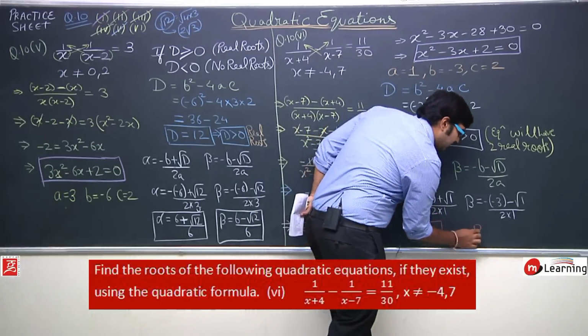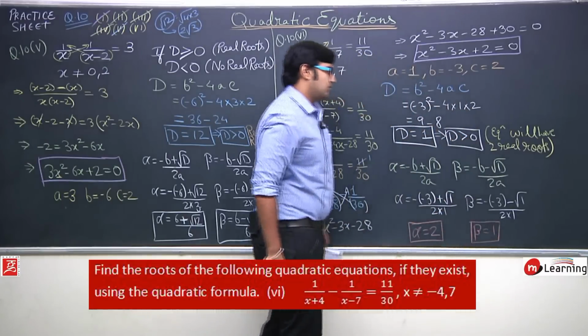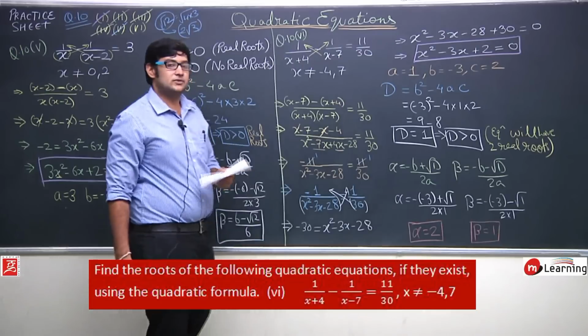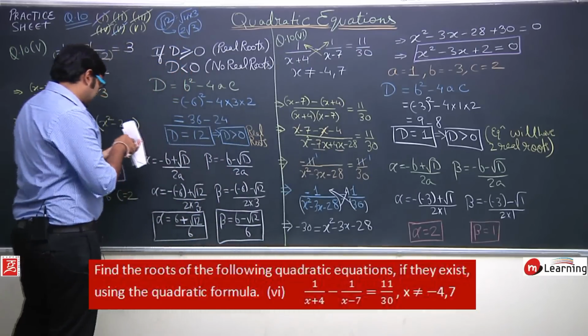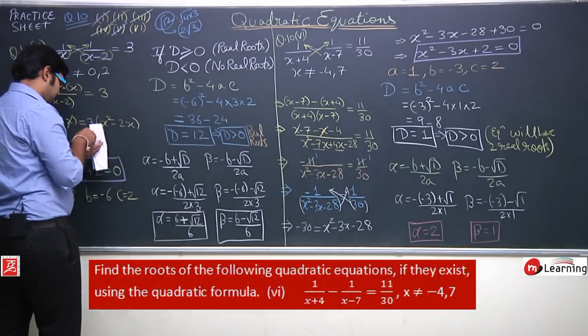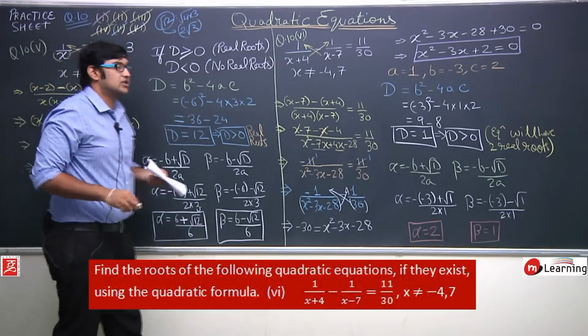So here the value of beta is equals to 1. Okay. So in this manner we need to solve the sixth part of question number 10, and this completes all the parts of question number 10. Okay. So this is the question number 10.